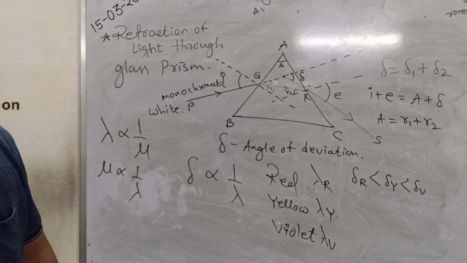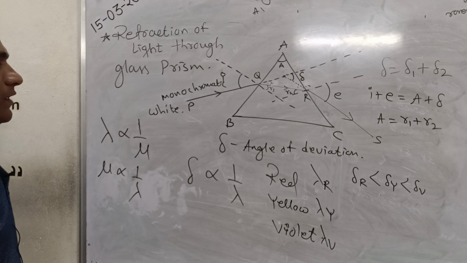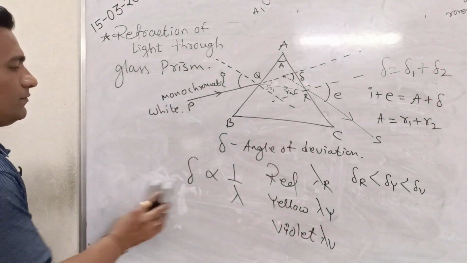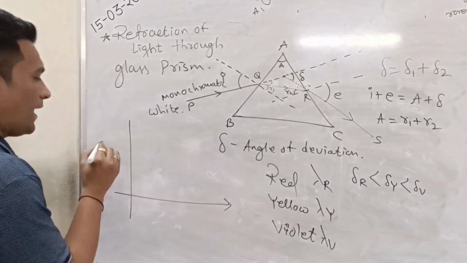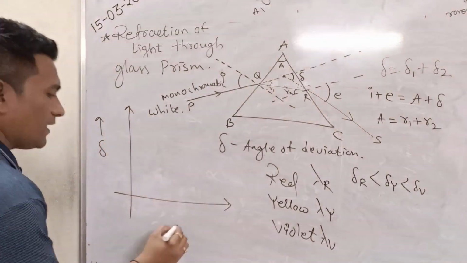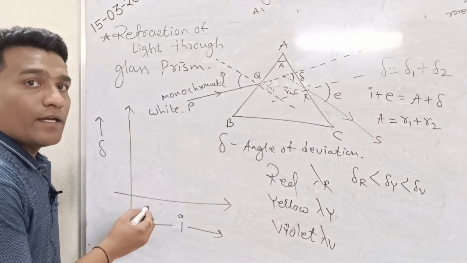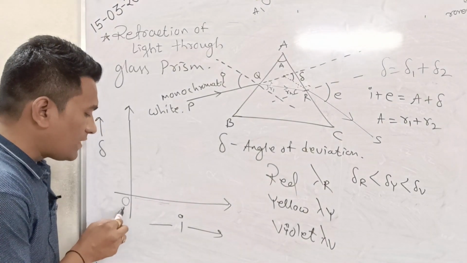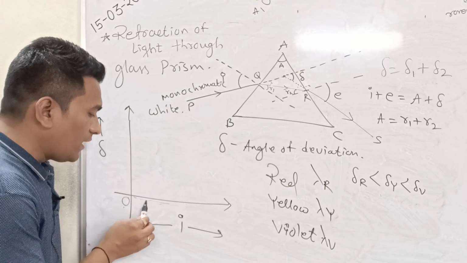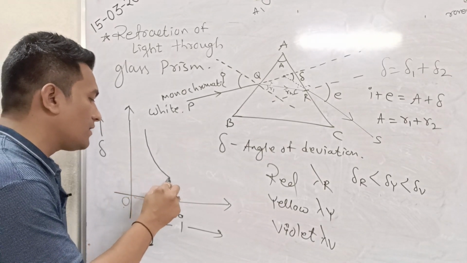Yes, one more thing is left, that is the graph, angle of deviation versus angle of incidence, right? So if we try to draw the graph, what is found is that initially, as we go on increasing the angle of incidence from 0, the angle of deviation goes on decreasing.